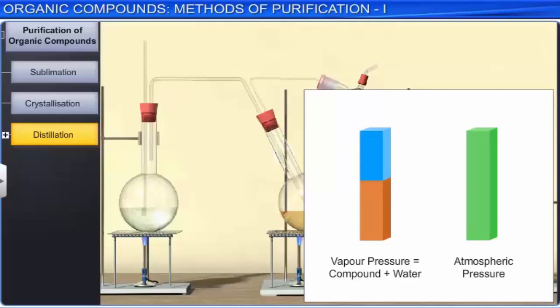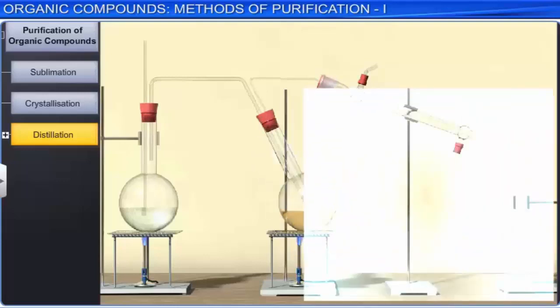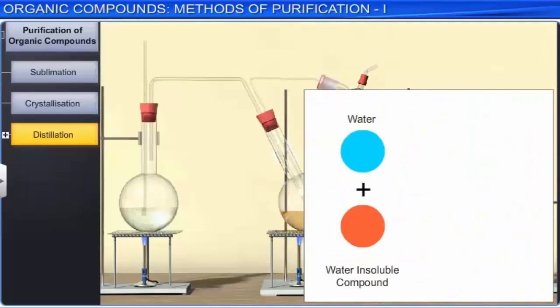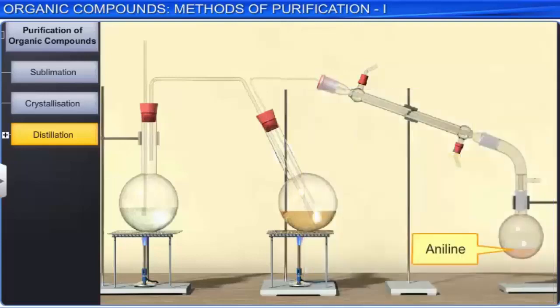Hence, if one of the substances in the mixture is water and the other is a water-insoluble but steam-volatile substance, then the mixture will boil close to but below 373 Kelvin. Aniline is separated by this technique from an aniline-water mixture.